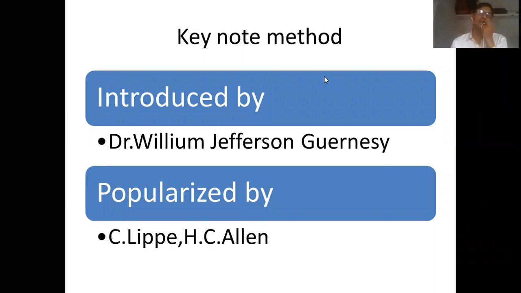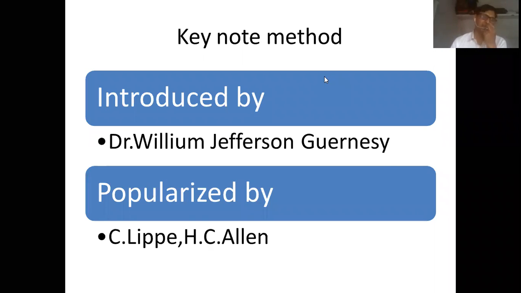At that time, the great person William Jefferson Guernsey introduced the keynote system of study of homeopathic materia medica. The reason was that the anatomical schematic method was hectic, tedious, laborious, and eye straining.